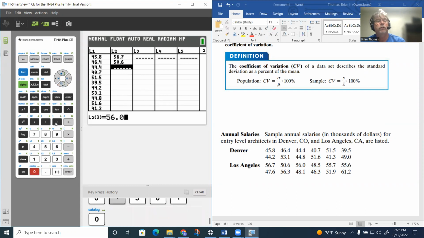I don't need to put the 0.0, just 56 is going to show anyway. 56, and then 48.5. I think we're about there, 46.3.